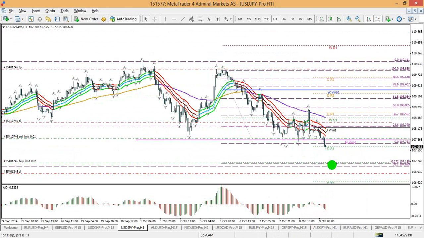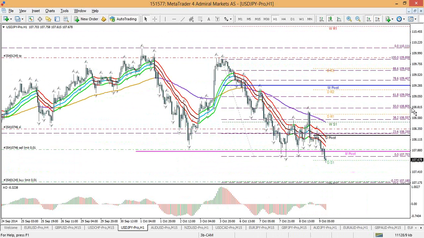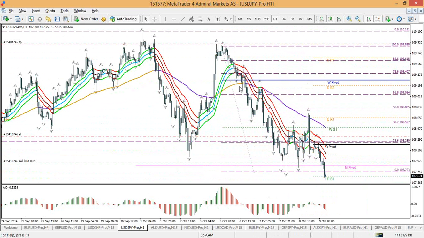Marcio is saying we need to break the previous resistance 107.37. Let's see, 107. You mean previous support? 107.37 is below price at the moment.